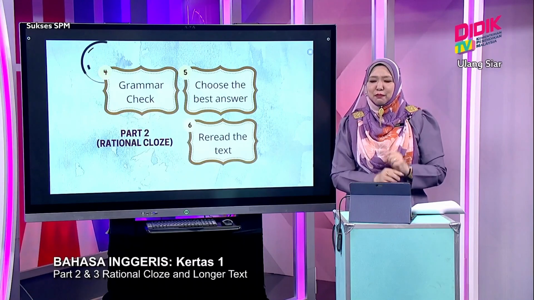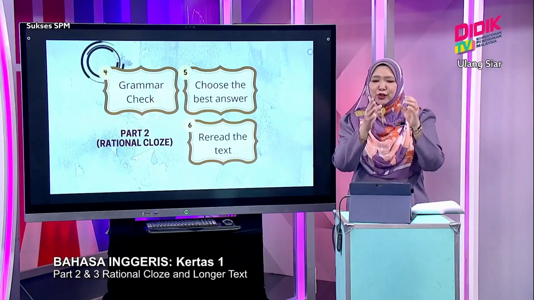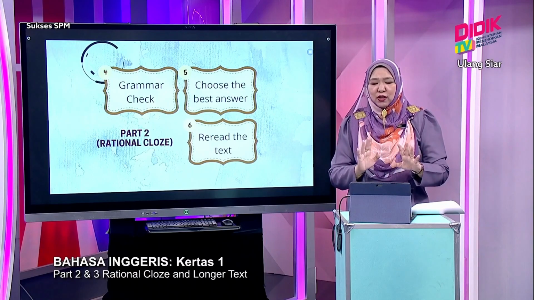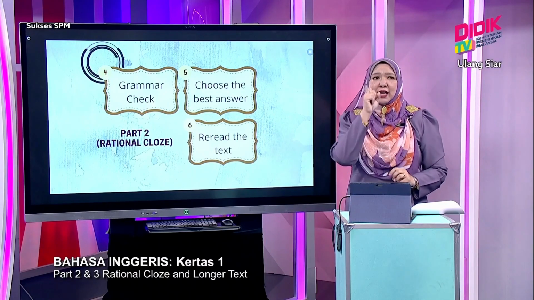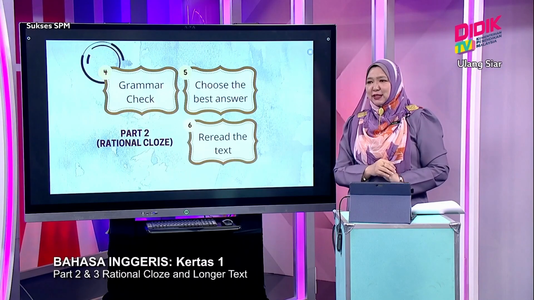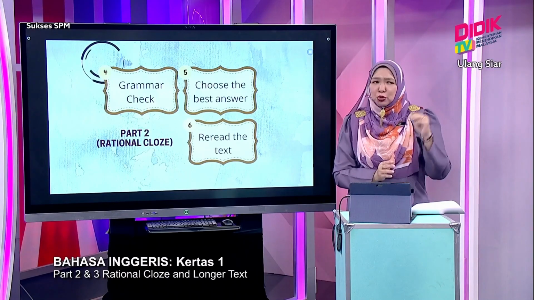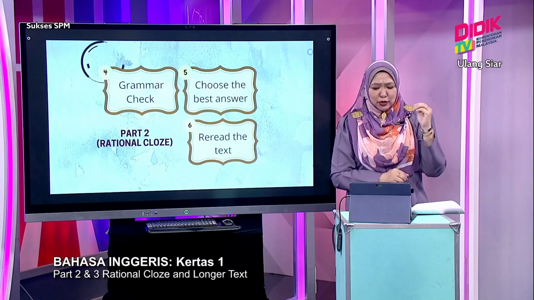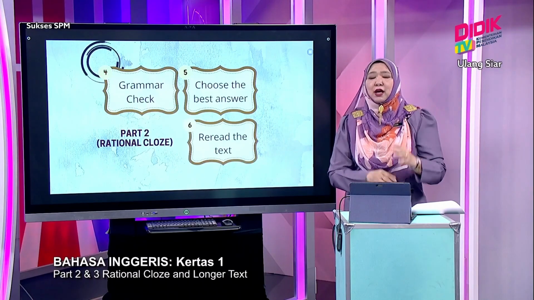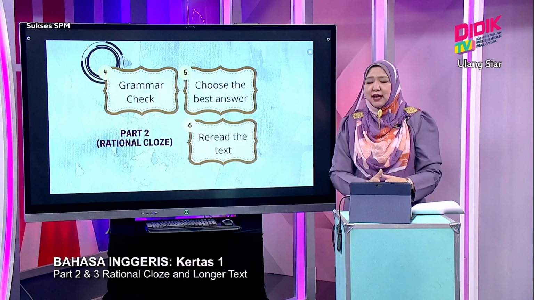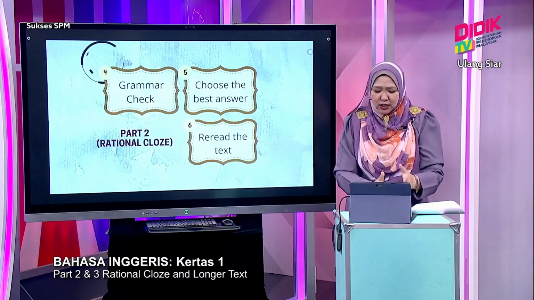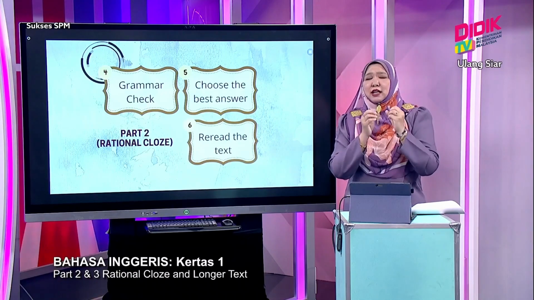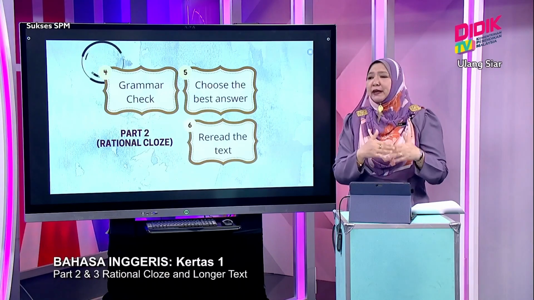And last of all, after you have chosen the correct answer, you don't leave it that way. Make sure that you reread the text. Why? To see the flow of your answer, and also to make sure that whatever answer you have chosen for that blank suits the blank itself.